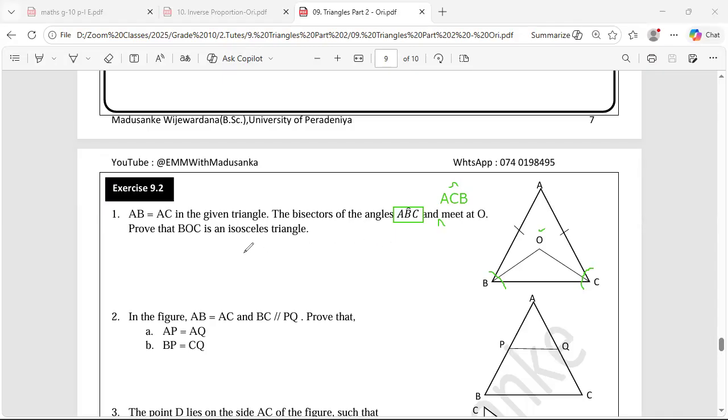So they have provided AB equals AC, and they have provided that BO and CO are angle bisectors of this angle and this angle. So you have to use those things to prove this BOC is an isosceles triangle.